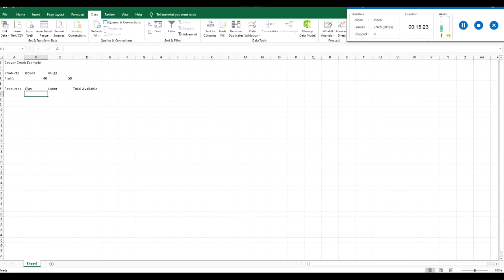This is where we are essentially entering our resources, our constraints. Now, clay we know is 4 units of clay for a bowl, 3 units of clay for a mug, and we have 120 units available.